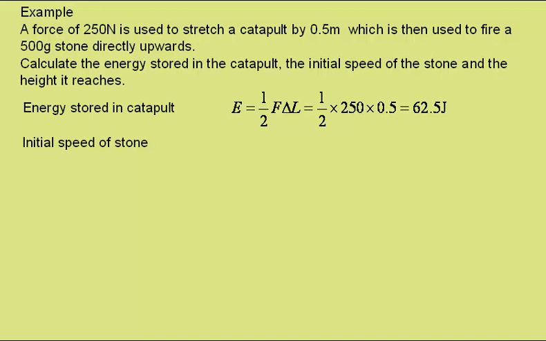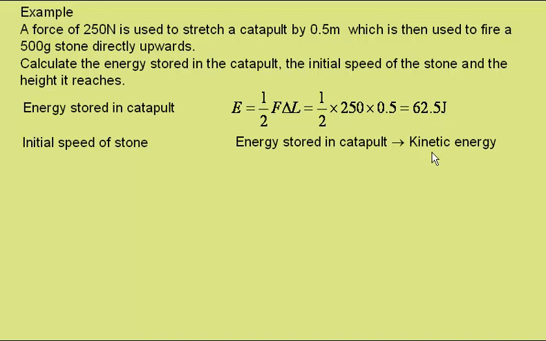Next we're asked to find the initial speed of the stone, and this is where conservation of energy really helps. We know that the energy stored in the catapult will have become the kinetic energy of the stone, and the energy stored in the catapult was 62.5 joules.